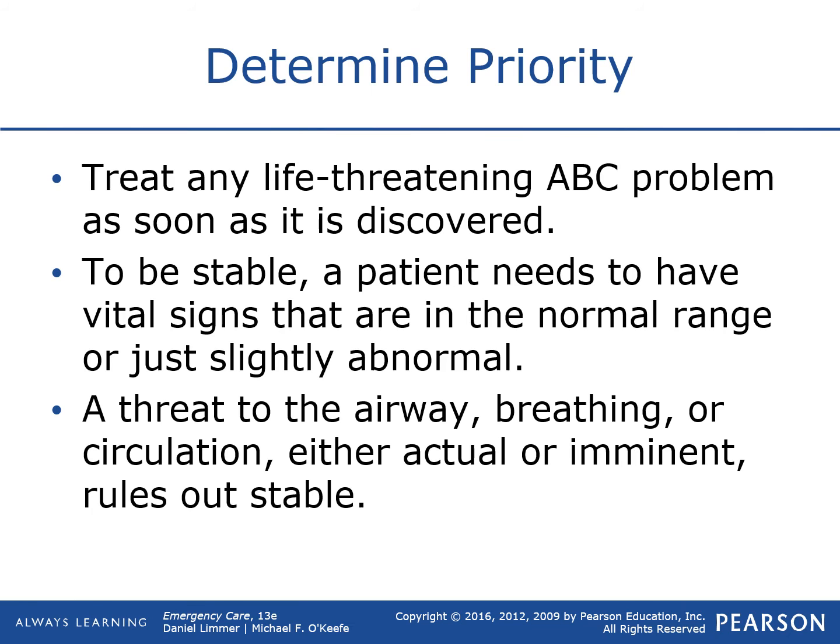So if you find a patient that your ABCs don't reveal any life threats, but then you take their blood pressure and their blood pressure is 80/60, first off, you should probably find that in your primary assessment because your pulse will probably be weak and the patient's skin will probably be cool and clammy and pale. But if they aren't and their blood pressure is that low, they are not going to be fully stable. So that's when you can upgrade and say, okay, this patient now has a higher priority. But you found that out in your secondary assessment because we're not taking vital signs in your primary assessment.